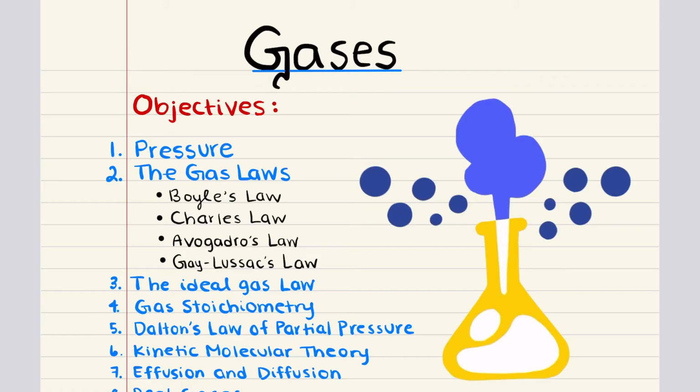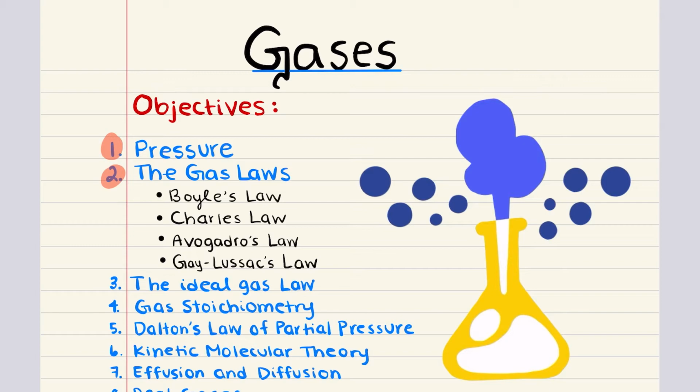And that means we're going to have to cover the following objectives. Objective 1, we're going to define pressure, discuss units of pressure, and also talk about instruments that measure pressure. Then we will begin a discussion on the gas laws. Here we're going to cover Boyle's law, Charles' law, Avogadro's law, and Gay-Lussac's law as well.